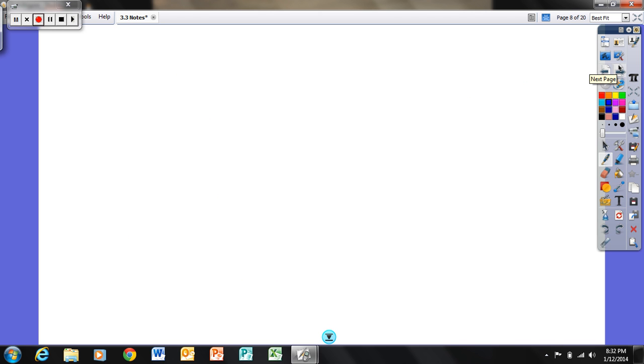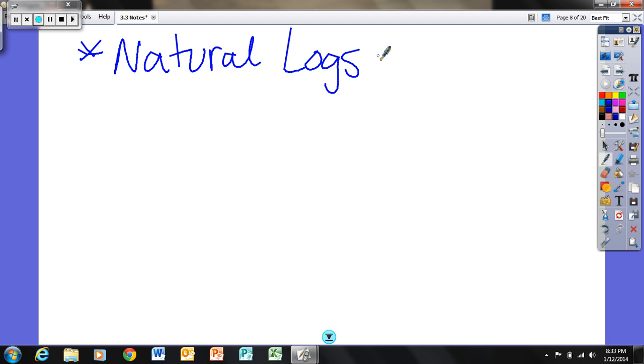Just like we had common logarithms, the base 10 logarithms, we have natural logs too, and we talked about this in the last section and the section before, the letter e. So these are going to be natural logs. And natural logs have a base e. Surprise, surprise.